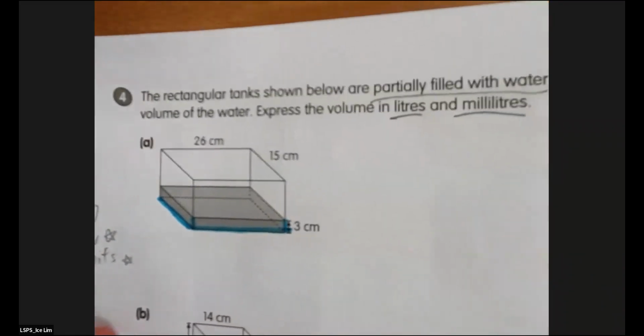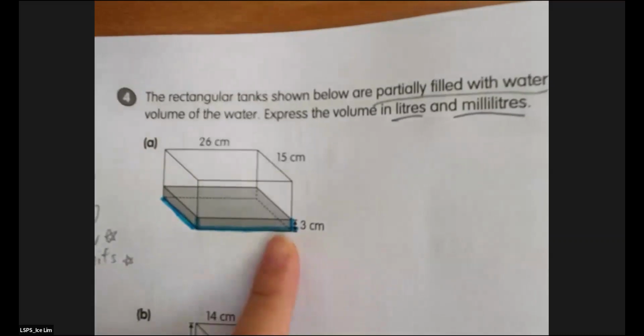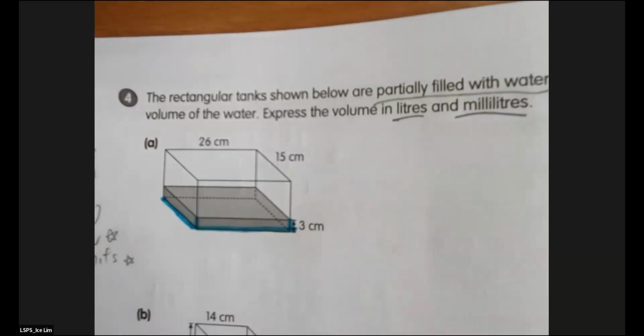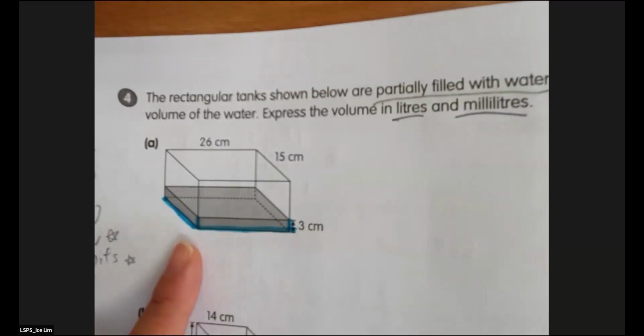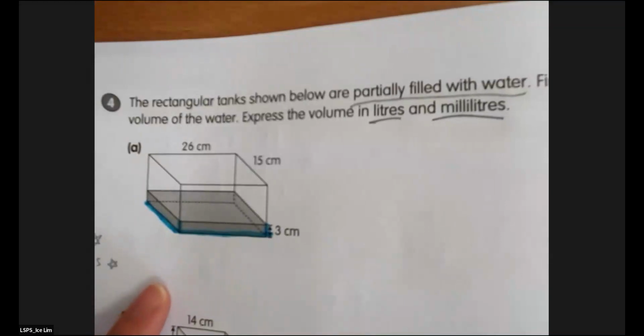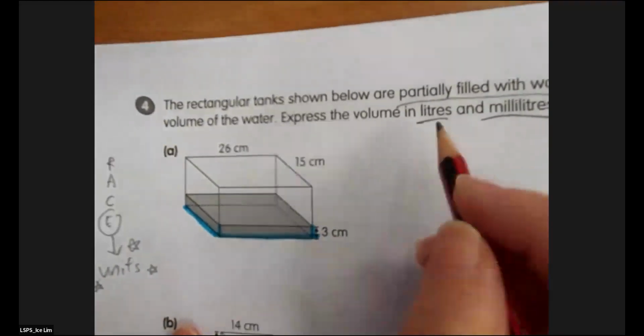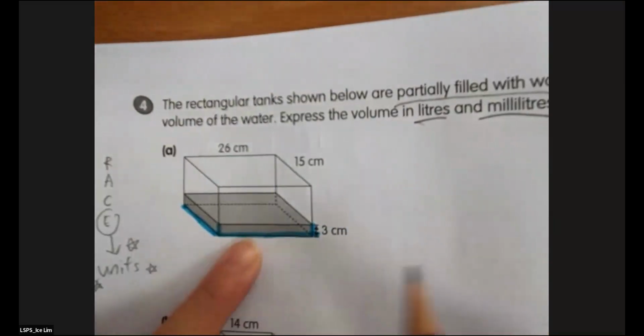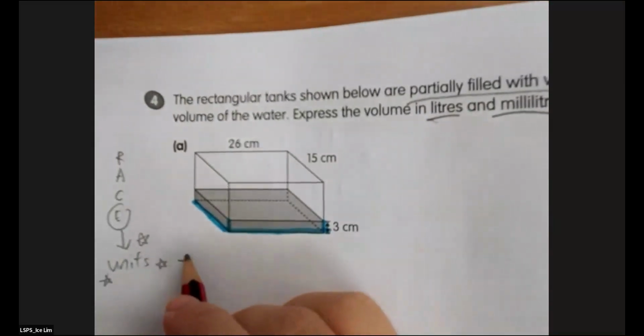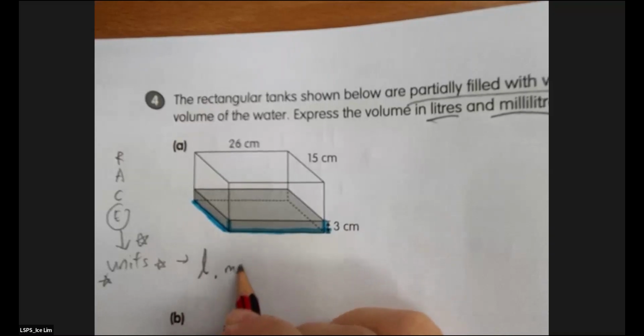The key question is, how can we turn this water into a cuboid? And the answer was to freeze it, like an ice cuboid. So if you look at this, the same principles will apply. Only the additional step is you need to answer these questions in the units of liters and milliliters.